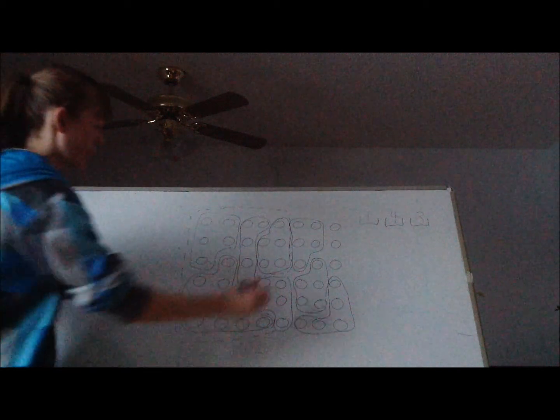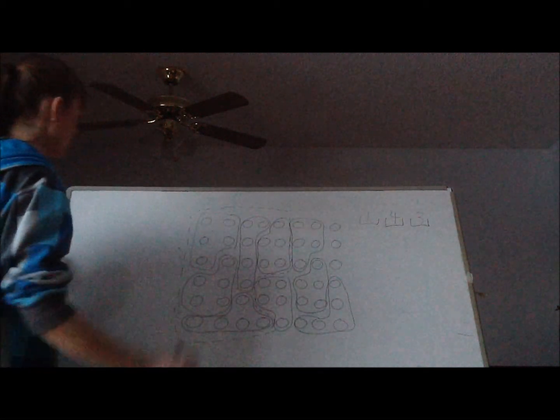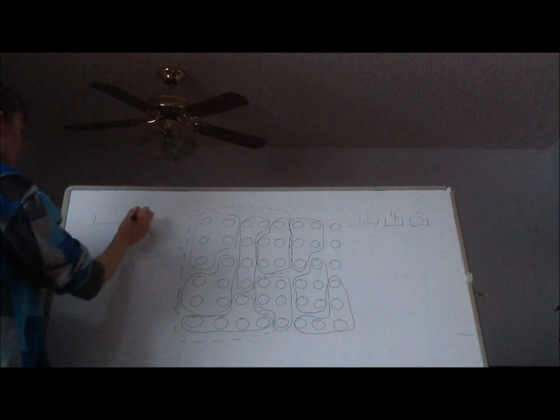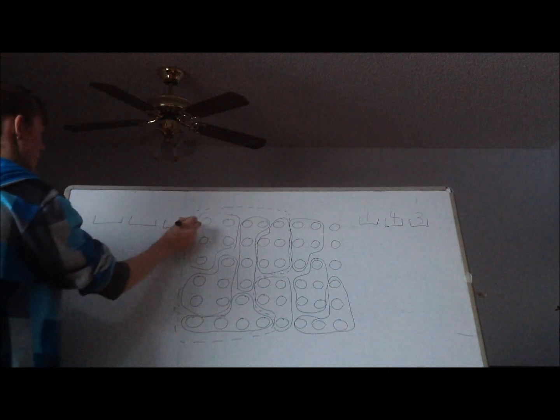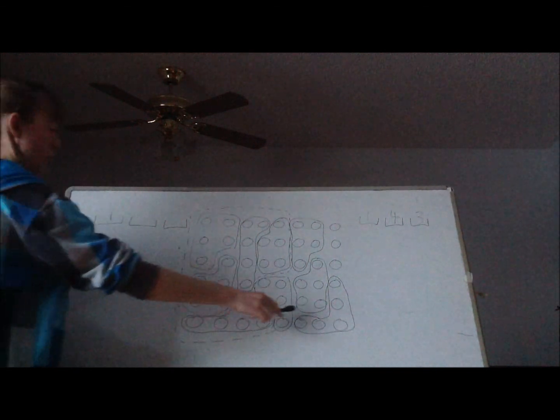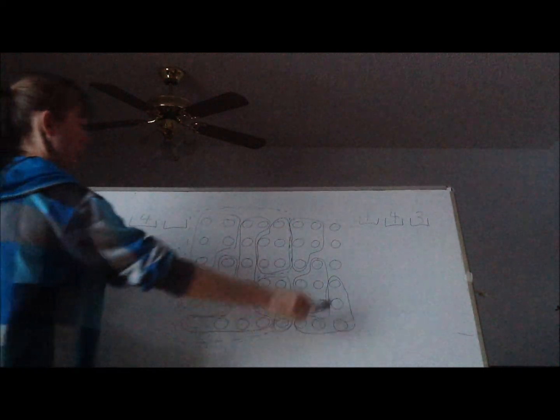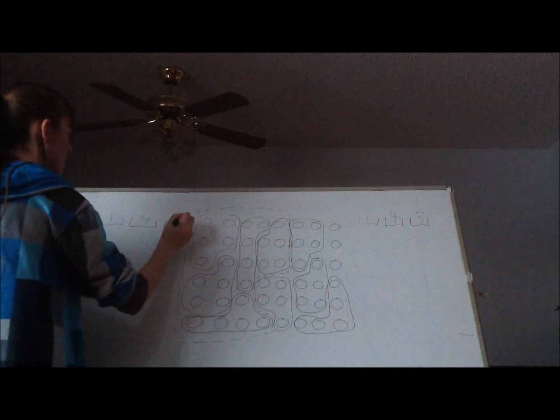So now we have 4 groups of 5 left over and 3 ones. So we want to fill in the blank. We have 1 group of 25s, 1, 2, 3, 4 groups of 5s, and 1, 2, 3 ones. So if you wrote this out, it would look like 143 base 5.